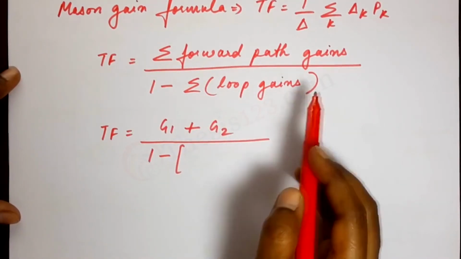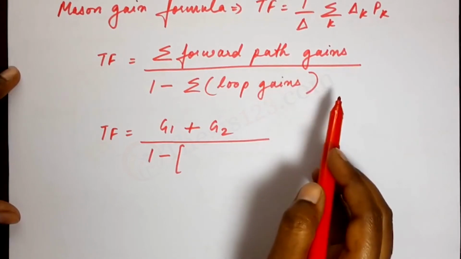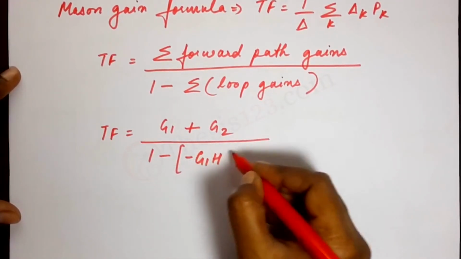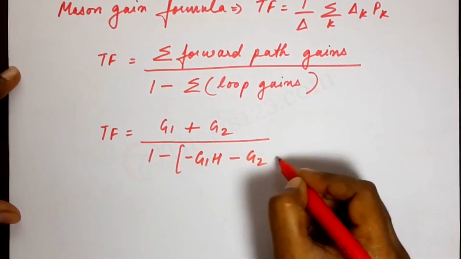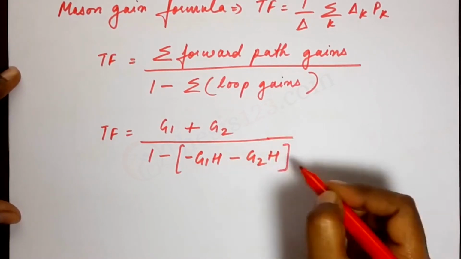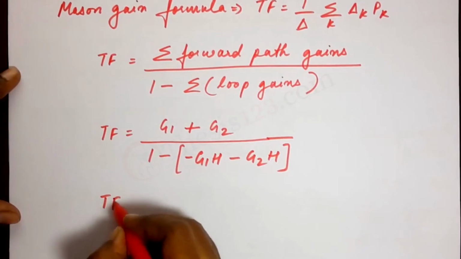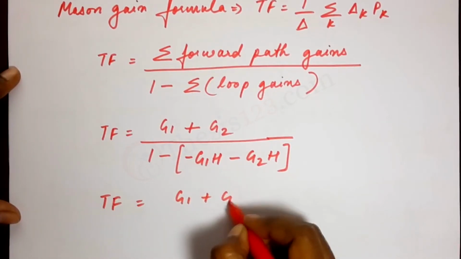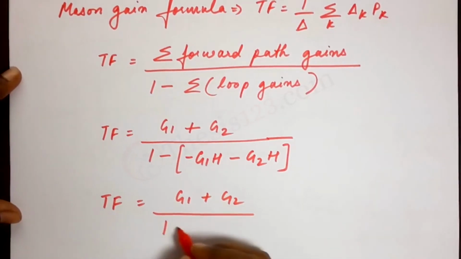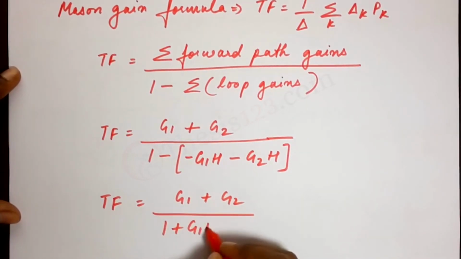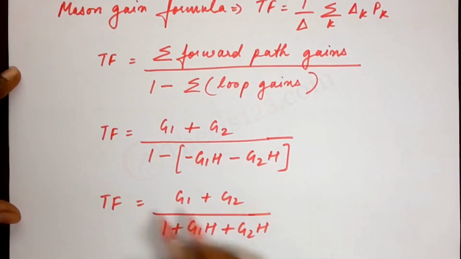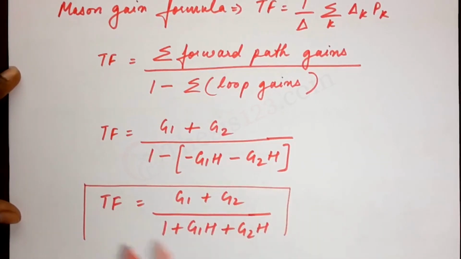The loop gains were minus G1H and minus G2H. So if we open up the brackets and simplify, we have G1 plus G2 divided by 1 plus G1H plus G2H. This is our transfer function.